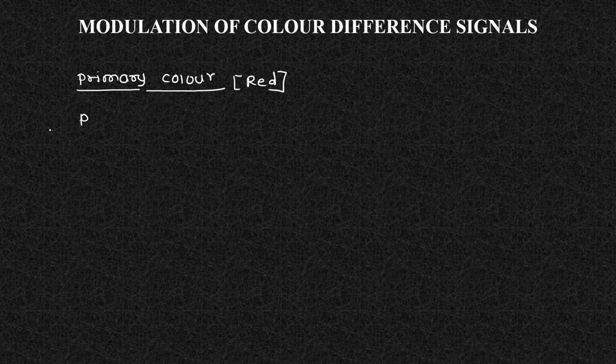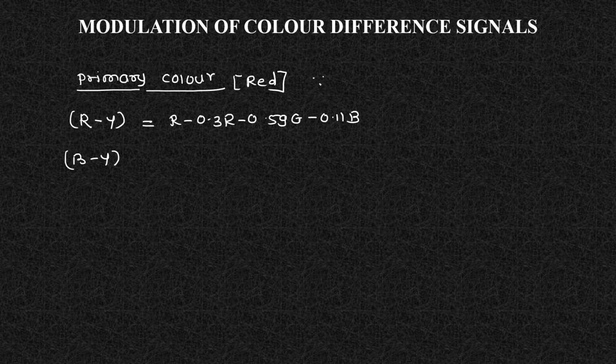I want two components, R minus Y and B minus Y. So here R minus 0.3 R minus 0.59 G minus 0.11 B, because my luminance is equal to 0.3 R plus 0.59 G plus 0.11 B. My red color has only the red component, no other components, so those terms will not be there, and this component will be 0.7 because I'm putting R equal to 1.